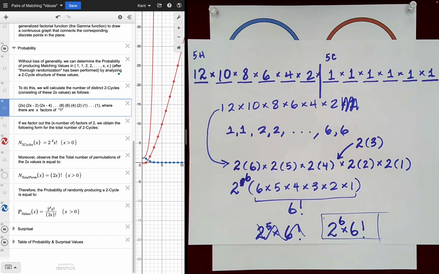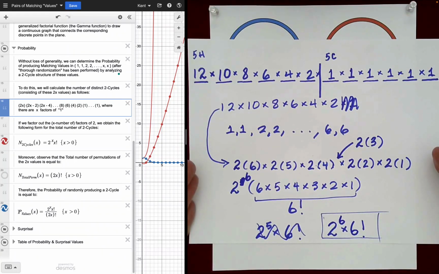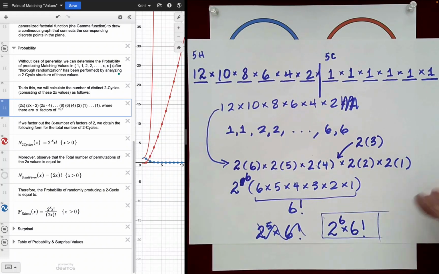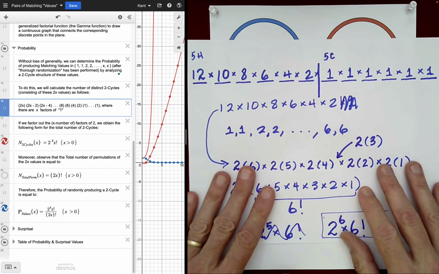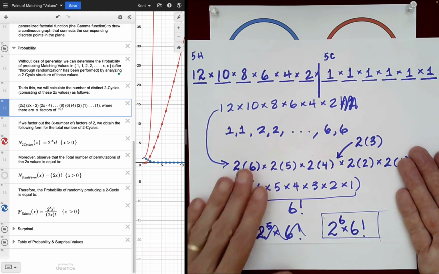Now, we're not necessarily so focused on figuring out the probability. The probability for us is just a way to get to what we're interested in, and that is surprisal. What is the surprisal of this event? What is the surprisal associated with just mixing those 12 cards, laying them out, and finding that they're a 2-cycle?